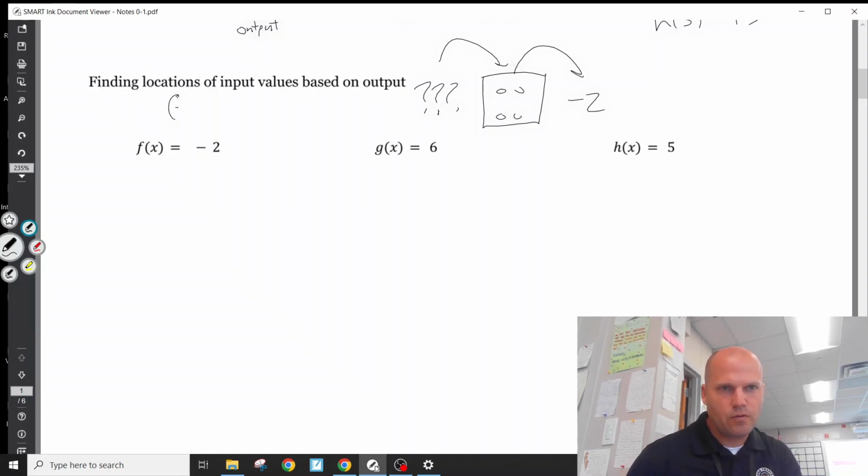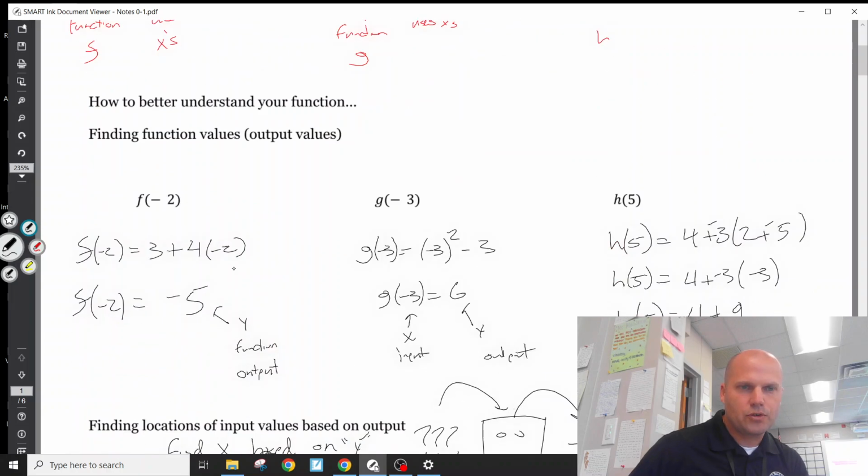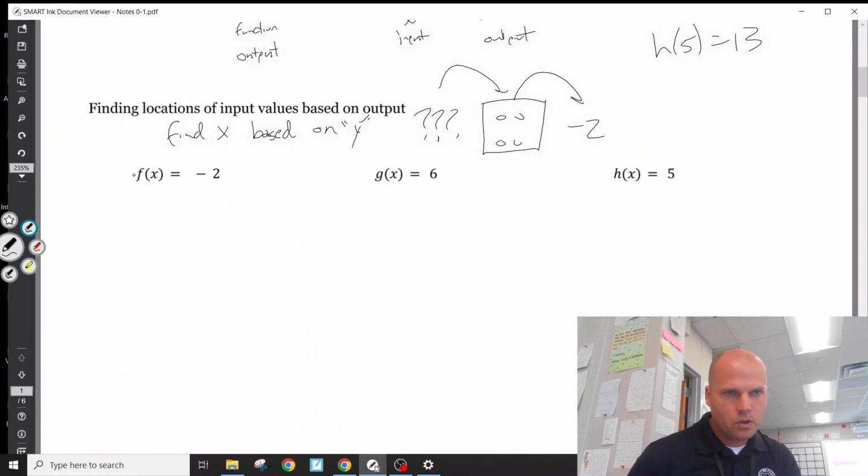We're going to find the x based on what a lot of us have considered a y. So we will take the function, and f of x is equal to 3 plus 4x, and 3 plus 4x replaces f of x. We keep the equal sign, we keep the -2.